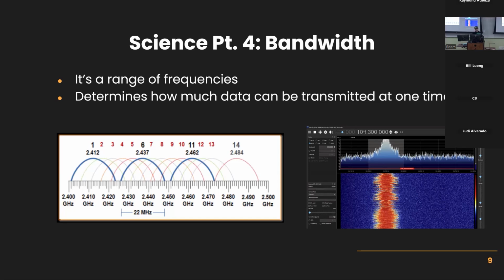In this case, because there are only 13 usable channels for 2.4 gigahertz, there are 3 channels that are non-overlapping and that allow you to transmit at one time. The channel spacing for 2.4 gigahertz is, I believe, 5 megahertz, and that allows you to have only 3 at one time. If you go up in frequency, you can have a higher bandwidth.